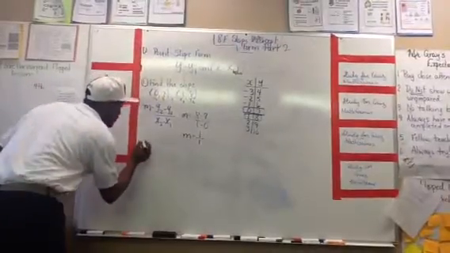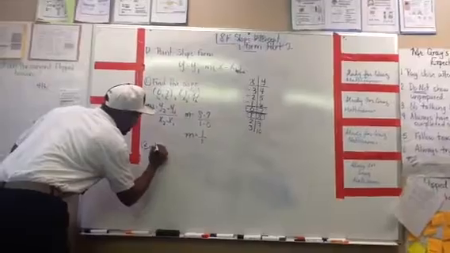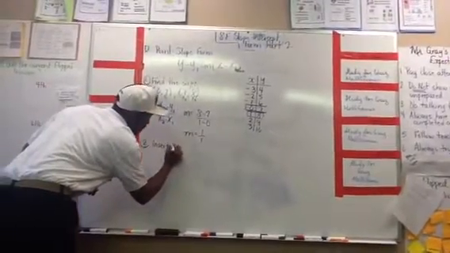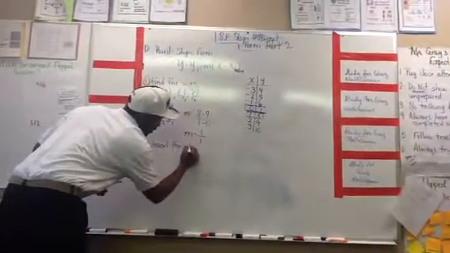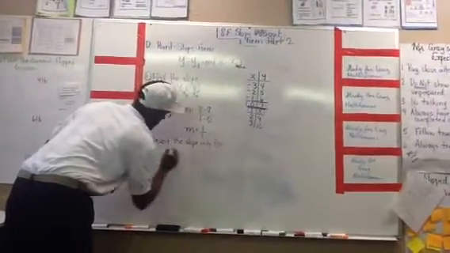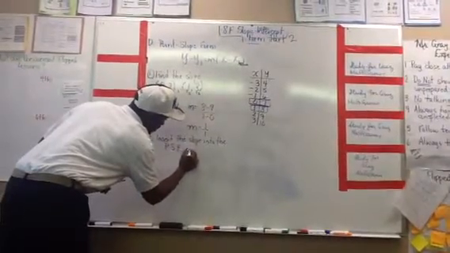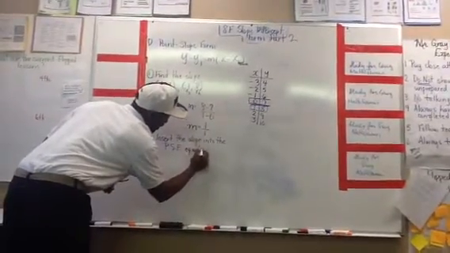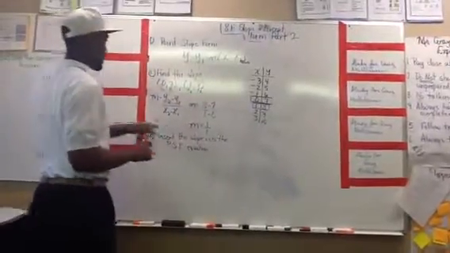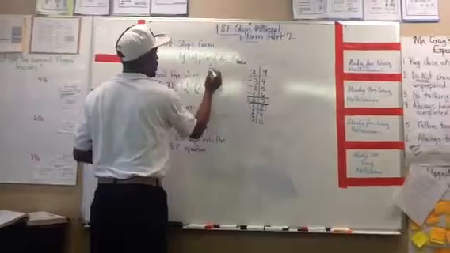Okay? 2, insert the slope into the point slope form equation. As you can see, I abbreviated point slope form. So I'm going to take this 1 over 1 and stick it here. Okay?